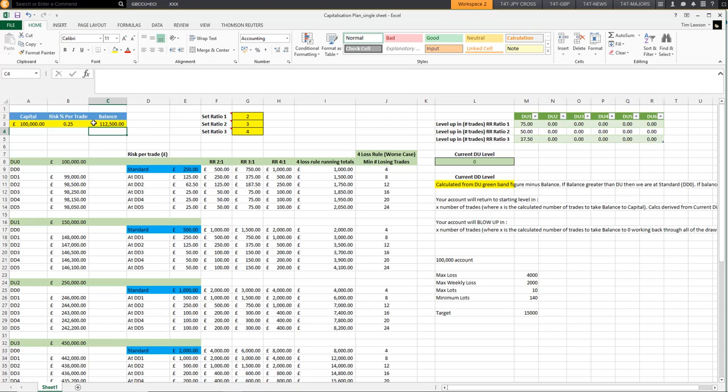So again, if I have a combination of this and increasing my trade size, let's say I want to go to 1%, that will change these, and similarly it will then change these figures here.